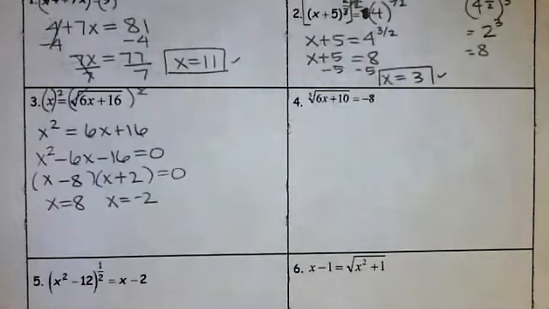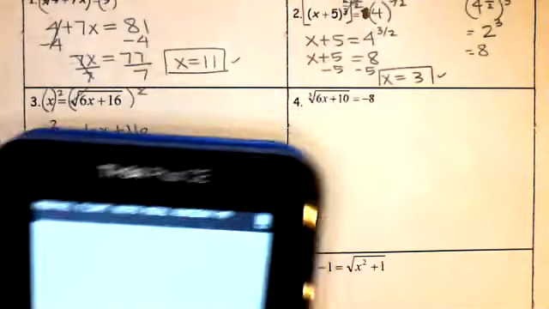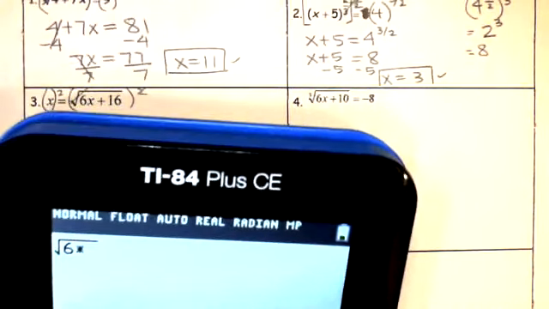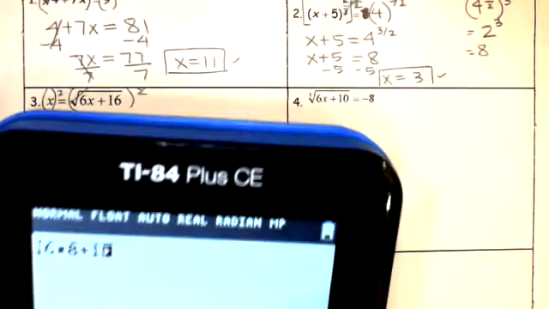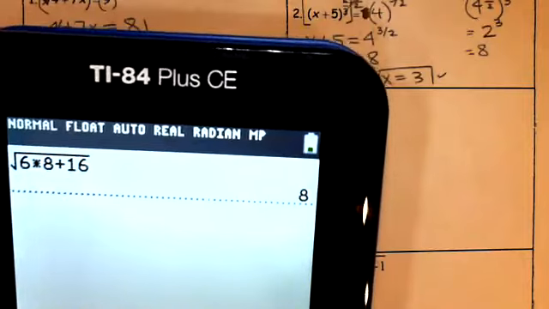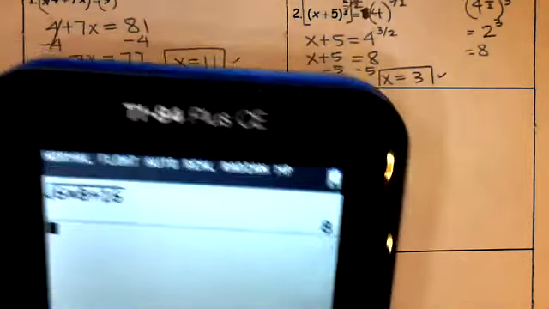You can check that with a calculator, or you can check it algebraically. So I do the square root of 6 times 8 plus 16. And there it is, 8, which is what we plugged in, so that works.